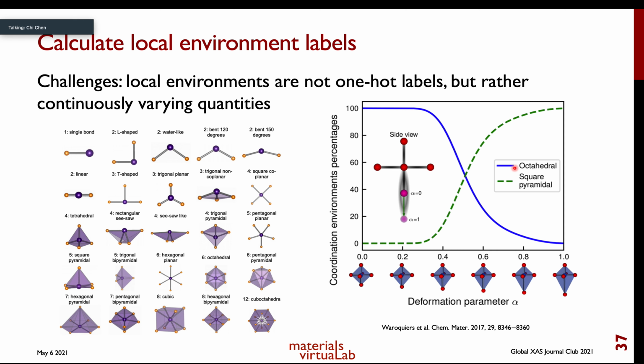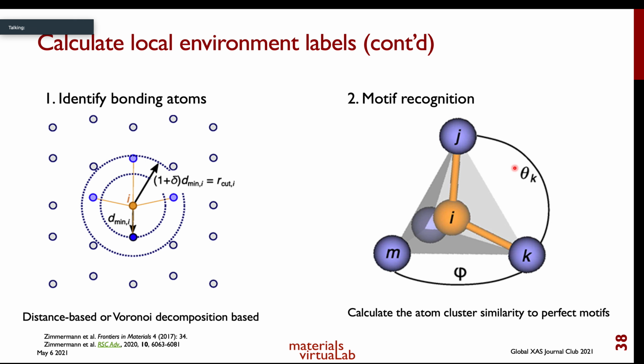For example, like I show on the right, you can see that the local environment will change continuously from an octahedral environment to a square pyramidal environment. So the idea is to use a continuous number as the local environment representation.